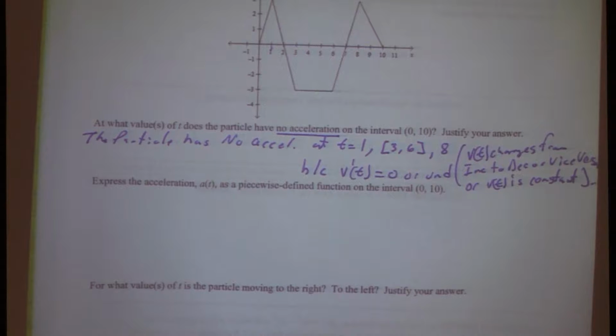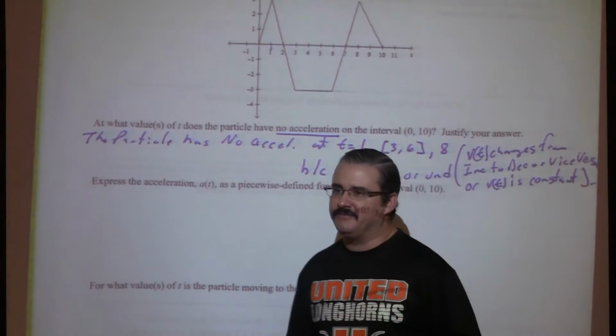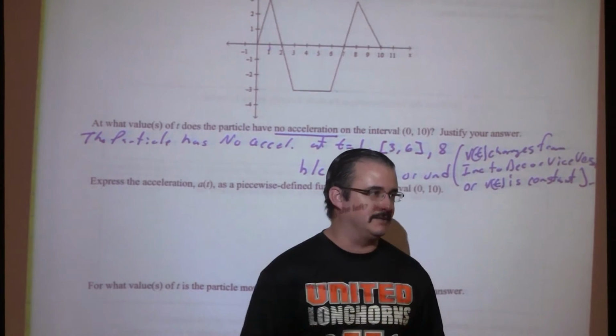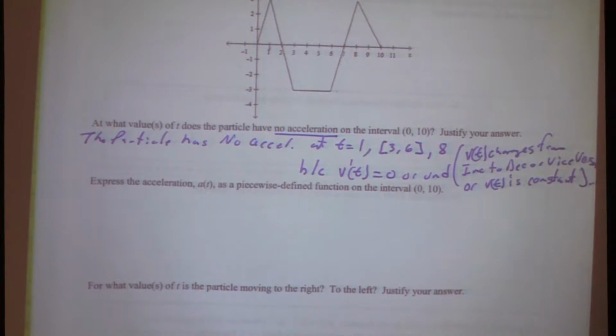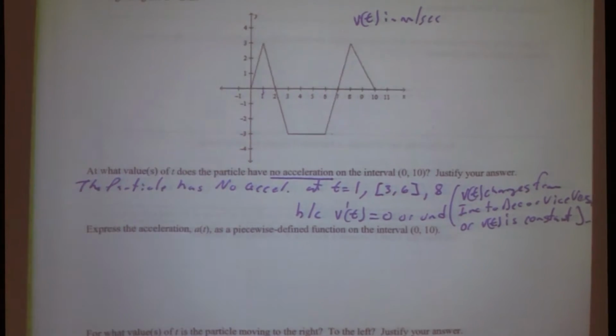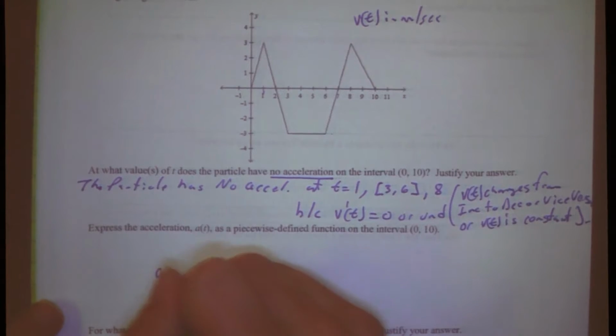What would be the slopes of the tangent lines on the velocity graph, right? It just so happens that the velocity graph is made up of a whole bunch of linear pieces, right? So if I drew tangent lines anywhere in those little intervals, they would all have the same slope for that entire interval, right? So that means the acceleration would always be the same in that particular interval for each of those pieces, right? So I have to write a different equation for each one, and they're gonna end up being just values.